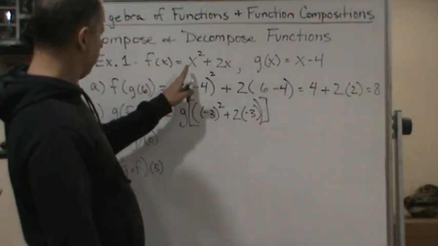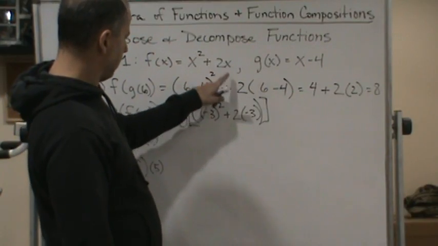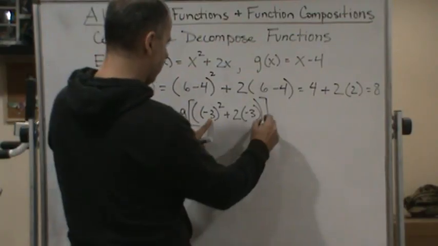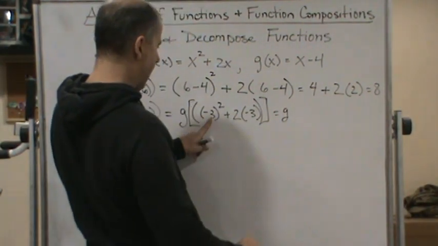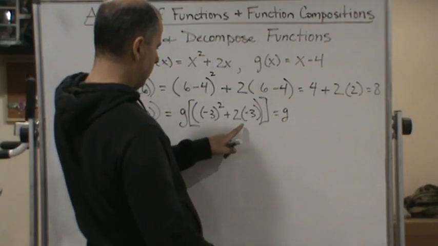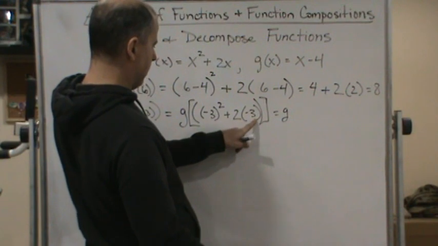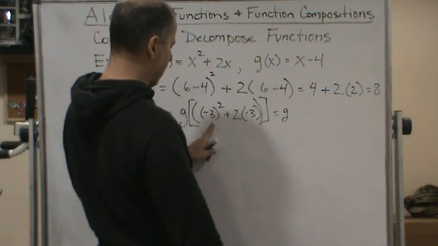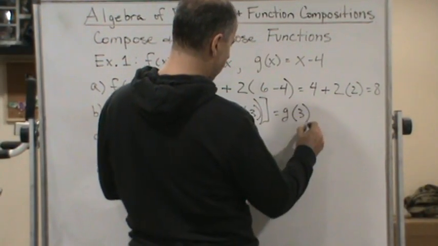So here's f, plugging in negative 3 here, I get negative 3 squared plus 2 times negative 3. This gives me 9, so this will give me g of 9 plus this, which is negative 6, right? 2 times negative 3 is negative 6. So I get 9 plus a negative 6, which is the same as 9 minus 6. So this is going to give me g of 3.